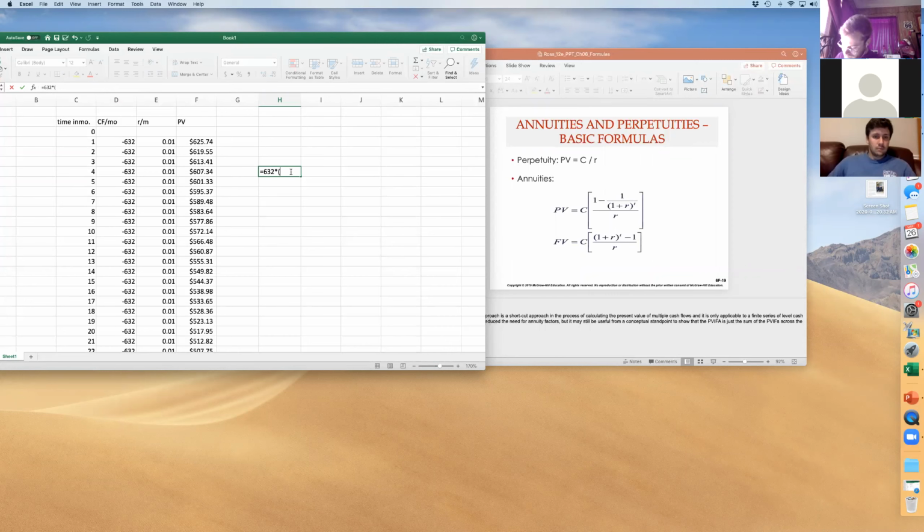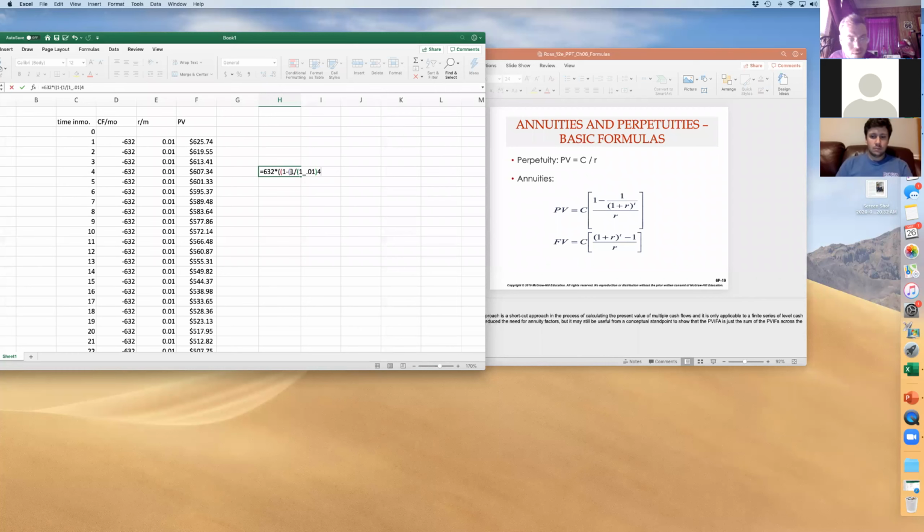And I'm going to multiply that times, all right, and then I'm going to put 2 parentheses in here to be careful. 1 minus another parentheses, 1 divided by another parentheses, 1 plus 0.01, all raised to, there's 48 time periods here.